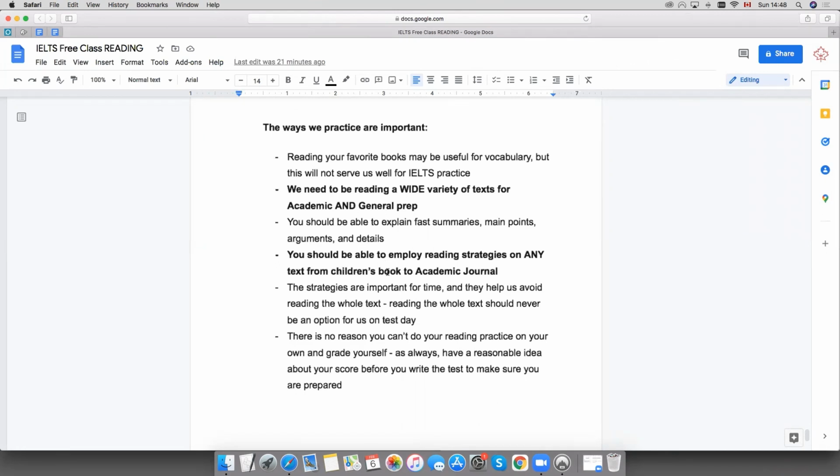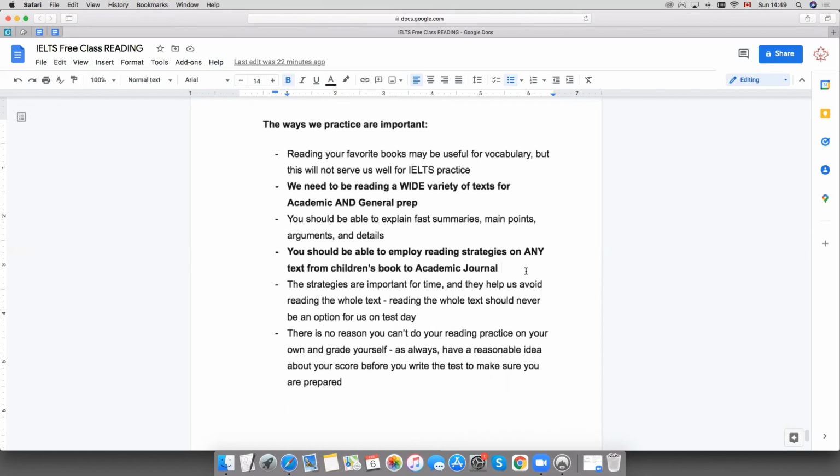Being able to do this with a children's book, it's the beginning, right, of practicing these strategies. Doing a chapter of the book that you're reading for entertainment, that's great. Eventually, we're going to want to be able to do it with an academic journal or a technical manual, if we're taking the academic test. But starting with things that are interesting to you and just focusing on your strategies is more than enough, at least to get us into the routine.